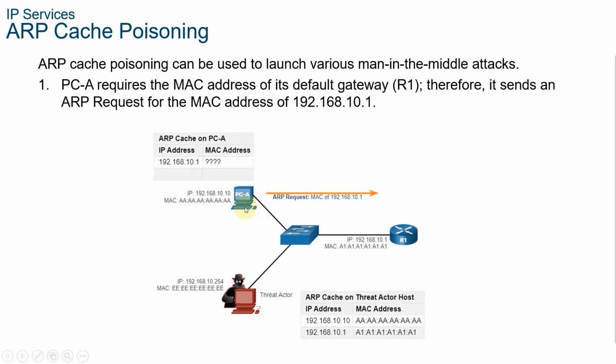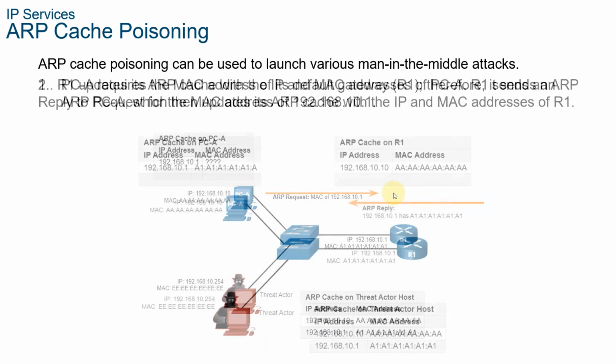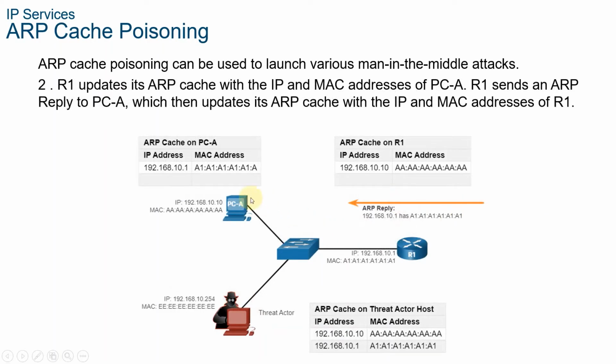PC-A requires the MAC address of its default gateway, which is connected to R1. Therefore, it sends an ARP request for the MAC address of 192.168.10.1. And then there would be an ARP reply.